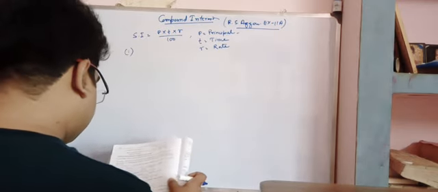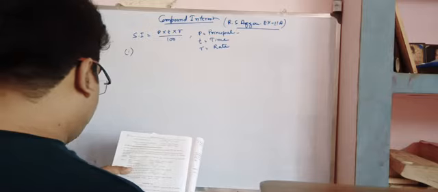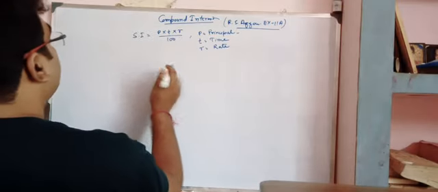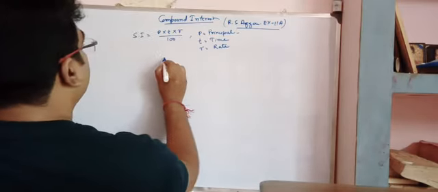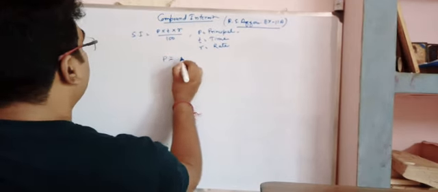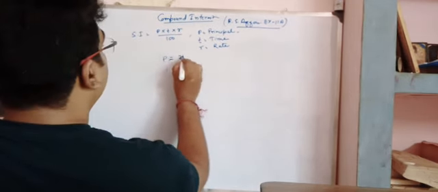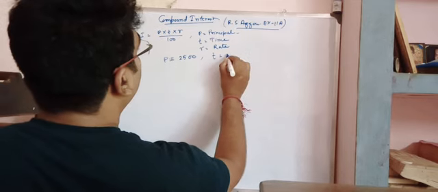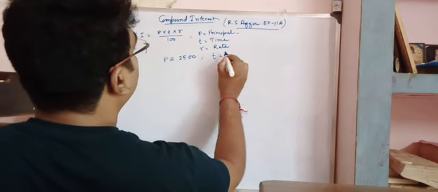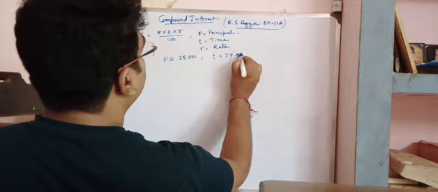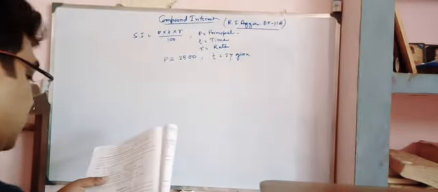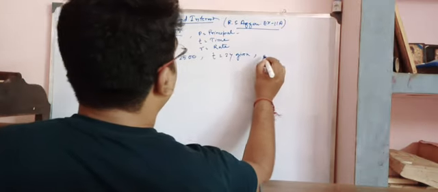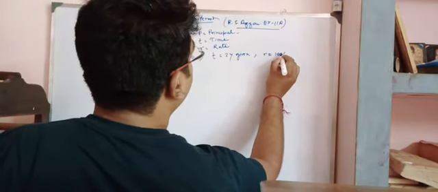So for that we first have the given data. My principal is equal to rupees 2500, time is equal to 2 years, given, and rate is 10% per annum, so rate is equal to 10%.